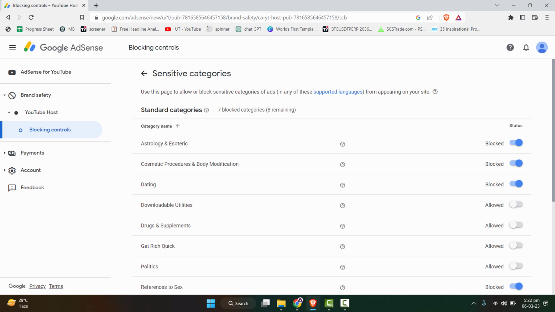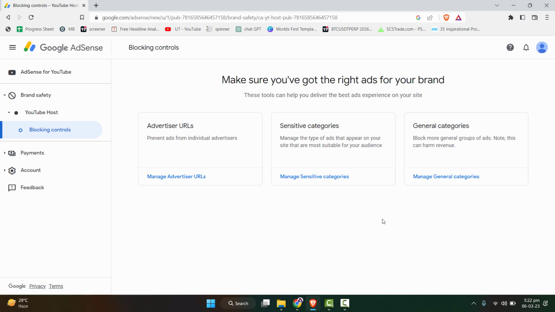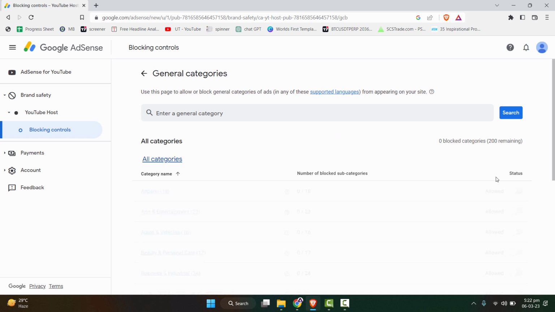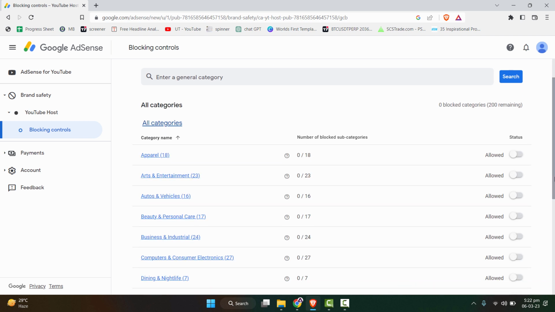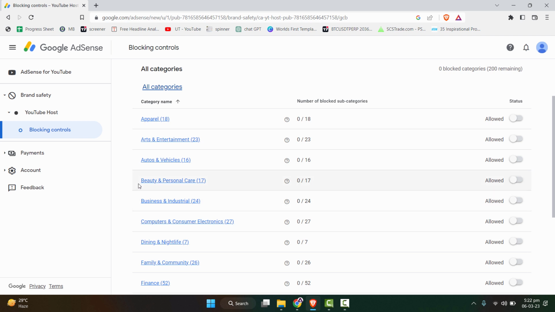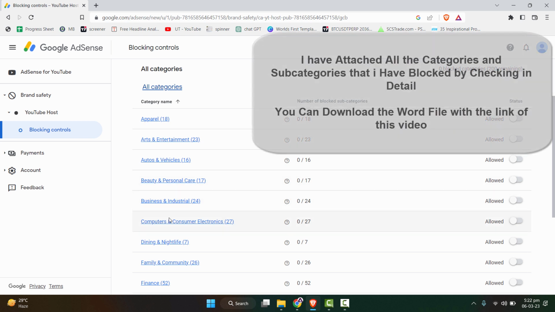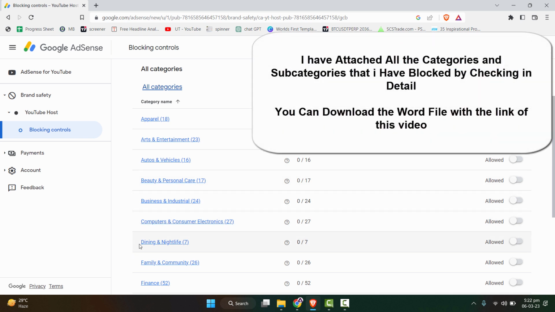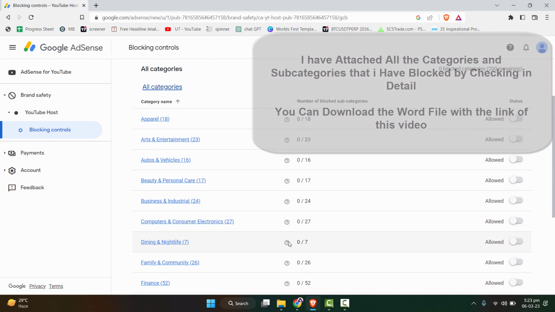After that, I'll scroll up and go back, and let's go to general categories now. From here, there are certain categories: apparel, arts and entertainment, no problem. Auto and vehicles, no problems. And these are some other categories, no problem with that. Now for example, here this says dining and nightlife.